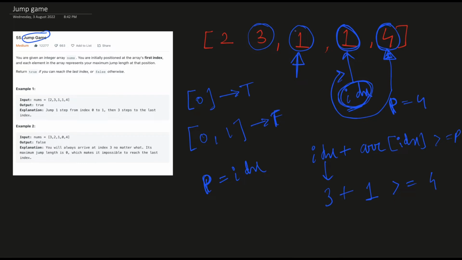We could also reach this position, so we will again shift the pointer and do the similar thing. If we are doing the similar thing again and again, that means we will be using a loop. In this case, we are only required to use one loop.